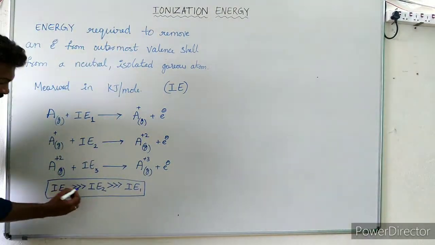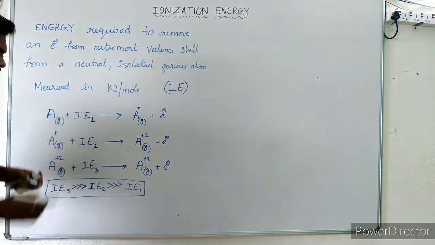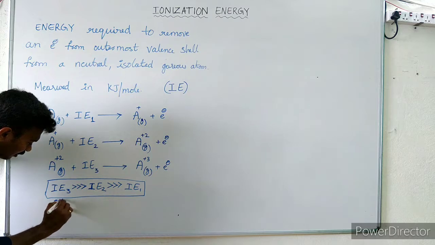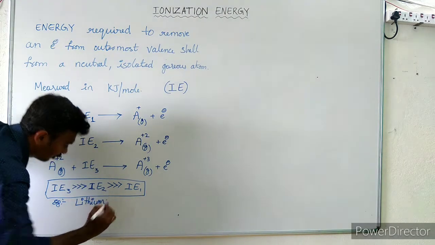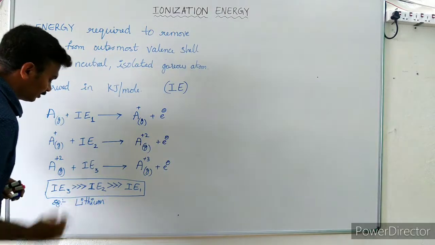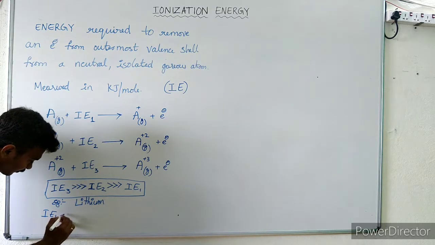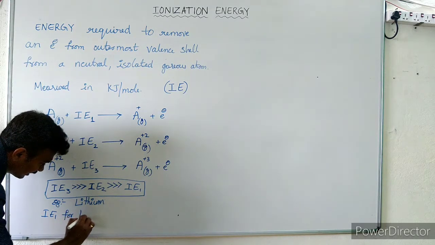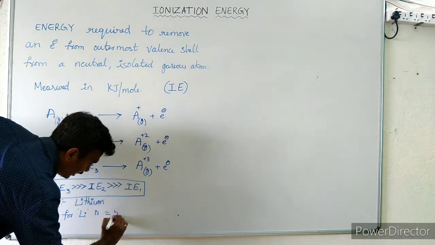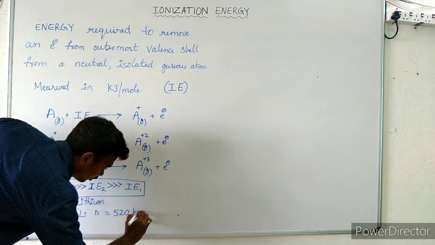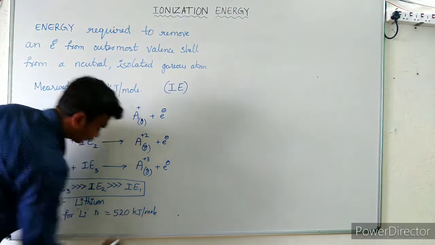So in this way, we can compare the ionization energies. For this, let us take the example of lithium, a neutral lithium atom. The first ionization energy, IE1, for lithium Li is equal to 520 kilojoules per mole, right?